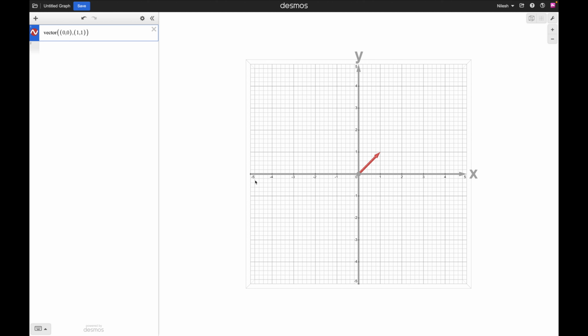Let's change this to 2D, and then we create another vector below that. Sorry, let's make this 1, 2, because that's what we calculated. And then we have this vector, which again starts at 0 0, but then the head is at 3 4, right?